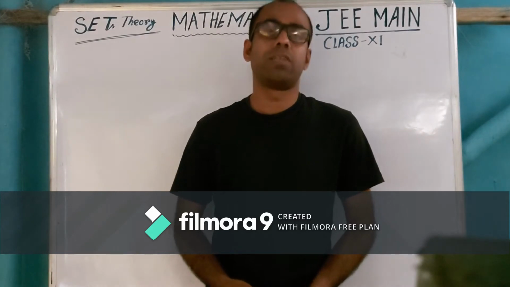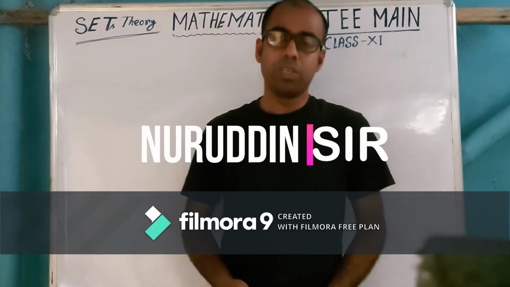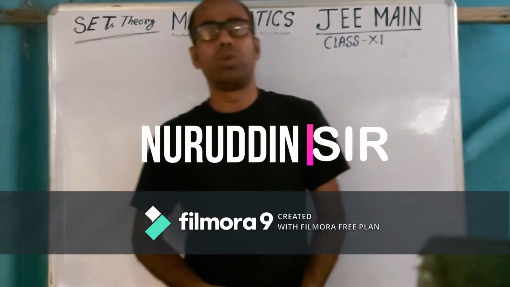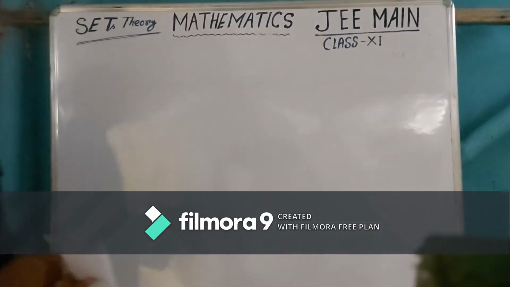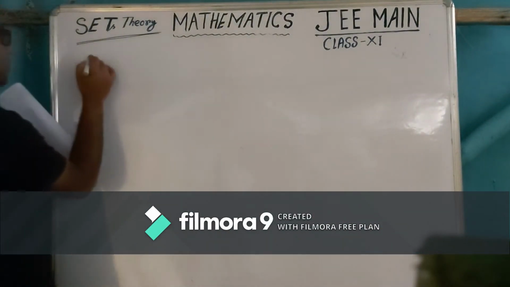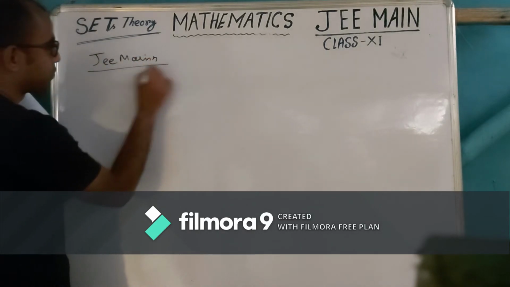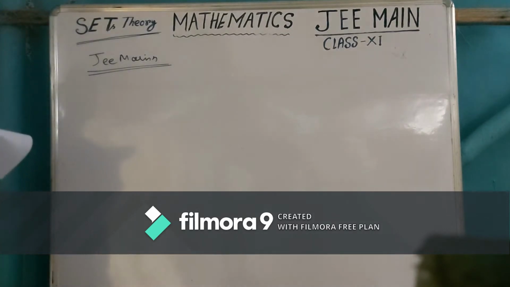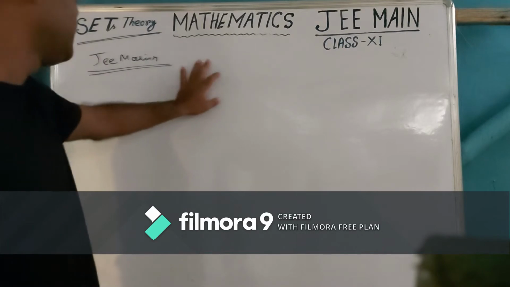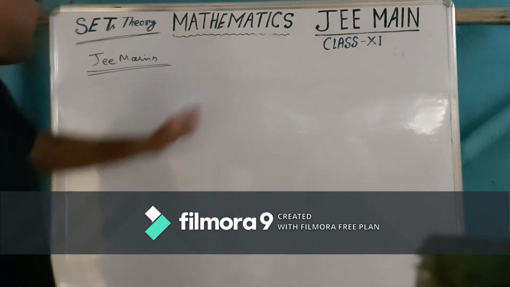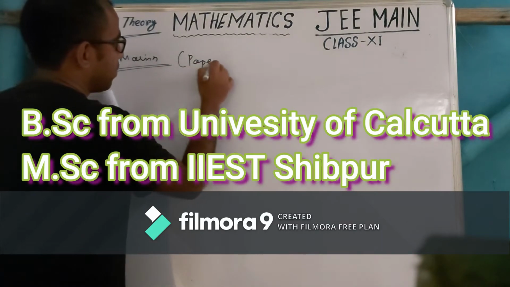Today I discuss the topic of set theory. Before discussing this theory, first we know the syllabus. First we discuss the JEE Mains syllabus. This section is for admission to B.E. and B.Tech, and such paper is called Paper 1.